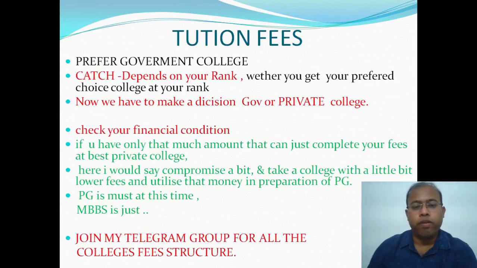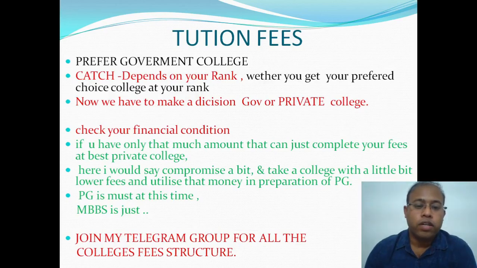Then the tuition fees. Prefer government colleges, and it also depends on your rank whether you are going to get a government college or not, or which type of private college you will get at your rank. Then you have to decide whether to take a government or a private college, and whether you can afford a private college or not.